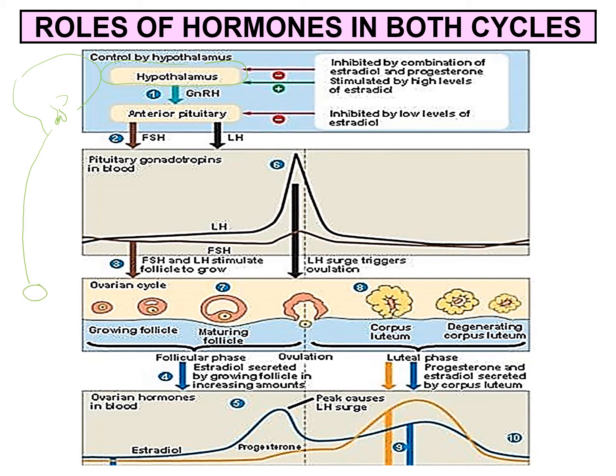Because of the secretion of FSH and LH, the follicle is developed. The follicle will develop into a mature follicle, and since the follicle is growing, it will secrete estrogen and progesterone. So estrogen and progesterone will act on the uterus, the uterus lining, the endometrium.